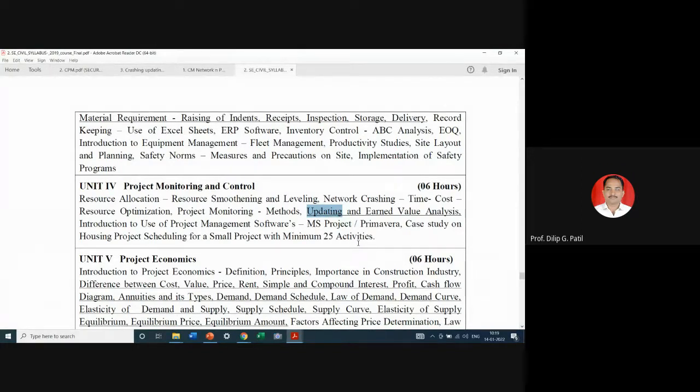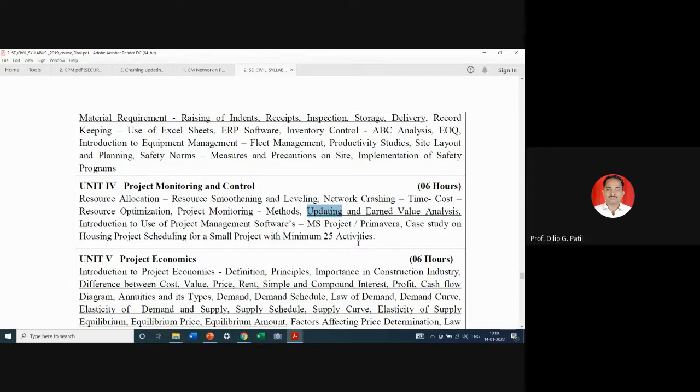So accordingly, there will be three types. That is, some activities are already completed. So whatever time they might have taken, we cannot do anything with respect to that on the day of updating. But for the activities which are in progress, we can see how much time will be required to complete these activities.